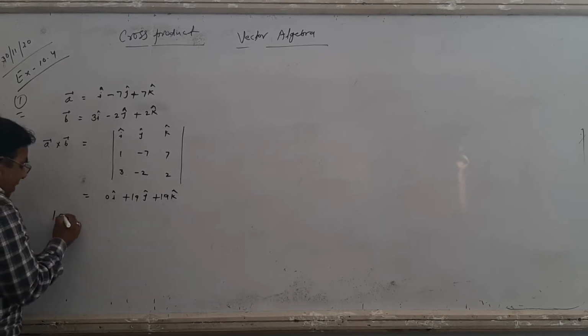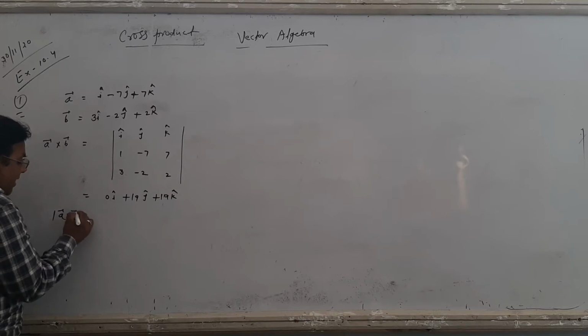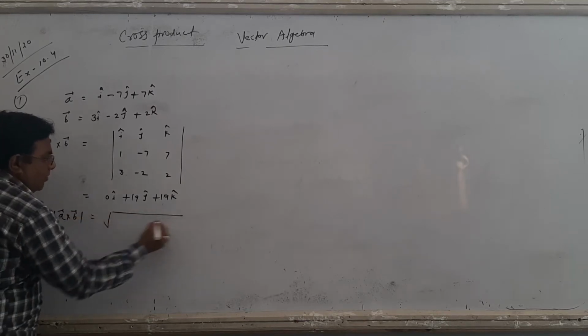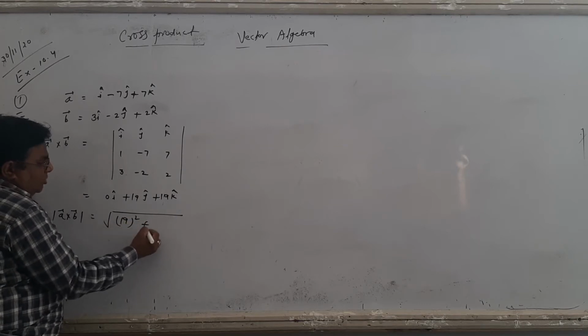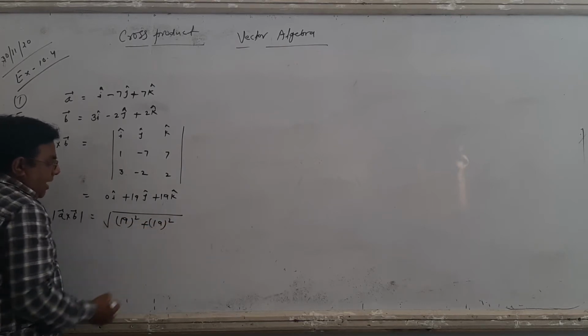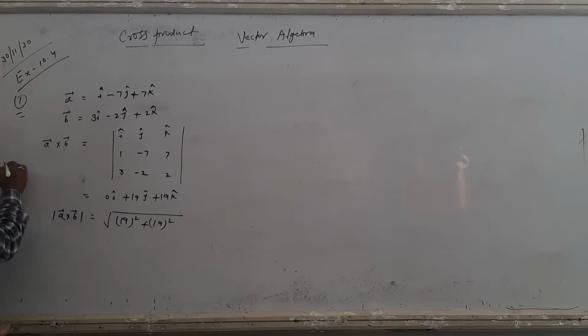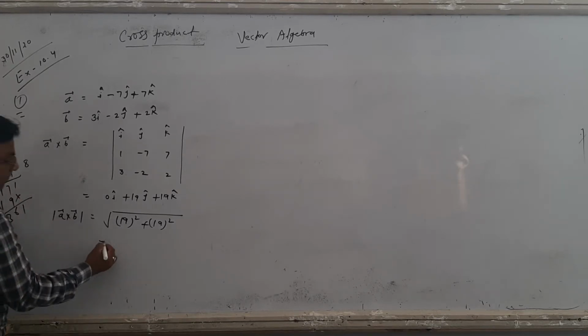Now to find the magnitude of A cross B, it is the square root of 19 squared plus 19 squared. You know, students, 19 squared is 19 times 19, that is 361.